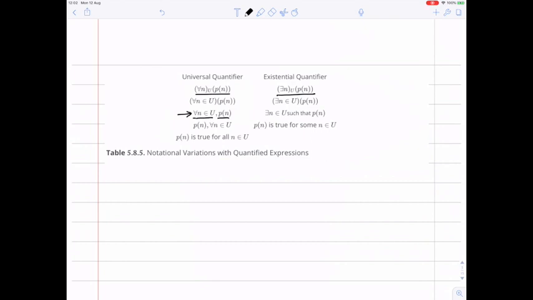We could also write, for the existential quantifier, there exists an n in our universe such that P(n) is true. All of these mean the same thing, and you can pick which works for you.